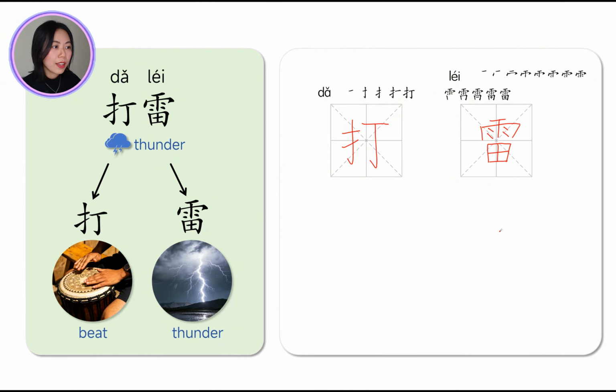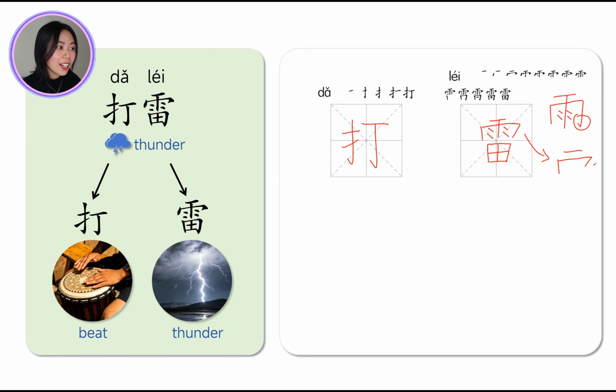Very good. Here's something I need to remind you. When you write the 雨 character, it goes 1, 2, 3. So here it has a hook. But when the rain character turns into the rain radical, it changes a little bit. It goes 1, 2, 3.